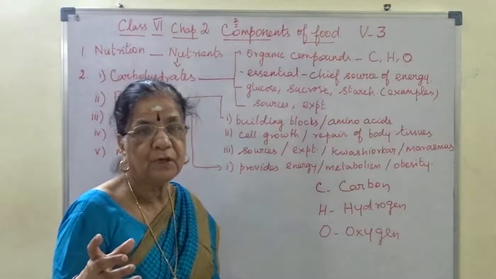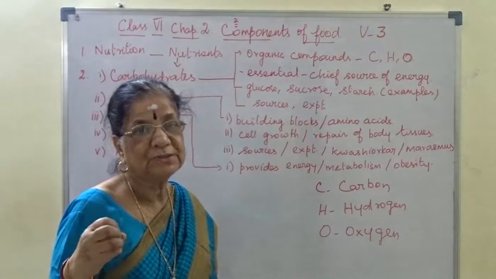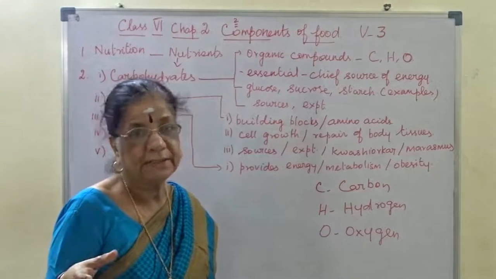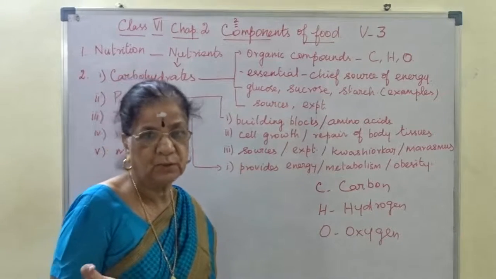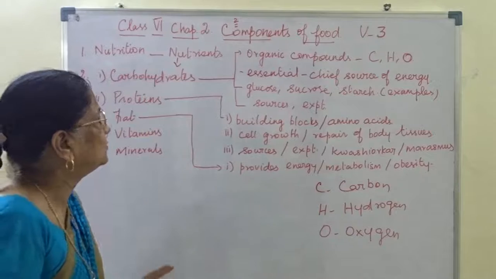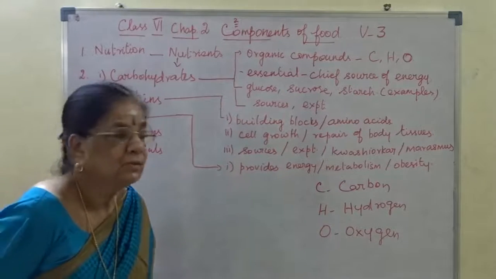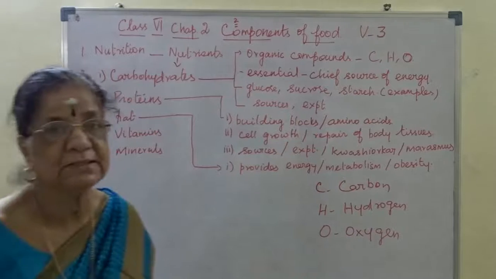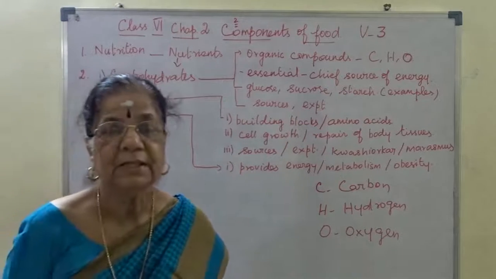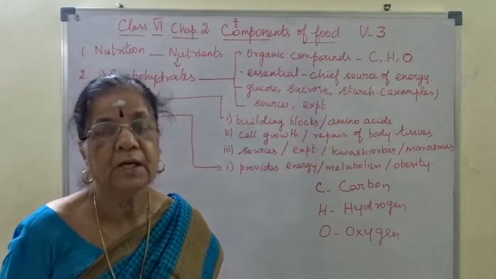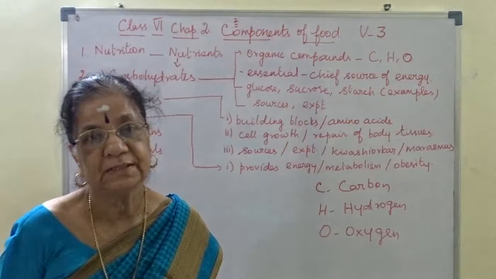Only the number of molecules will vary. The number of molecules will increase or reduce, that is the only change. So whichever carbohydrate molecule you take, it will have carbon, hydrogen and oxygen. Now these carbohydrates, organic compounds, are, this is not in the book, just understand, monosaccharides, disaccharides and polysaccharides.